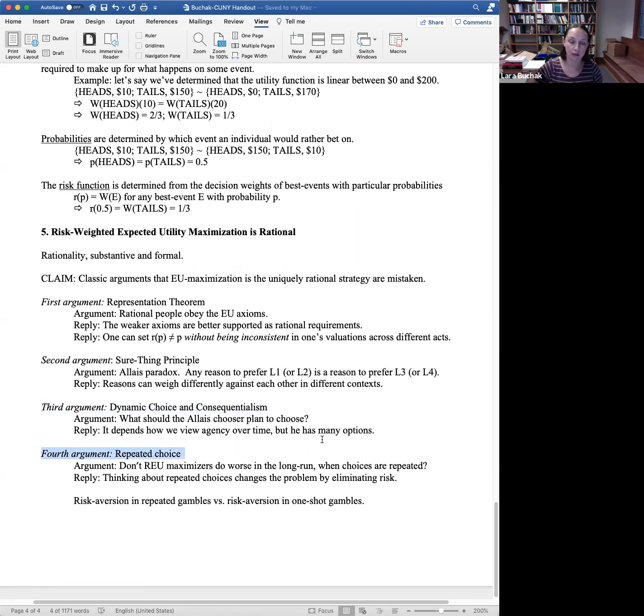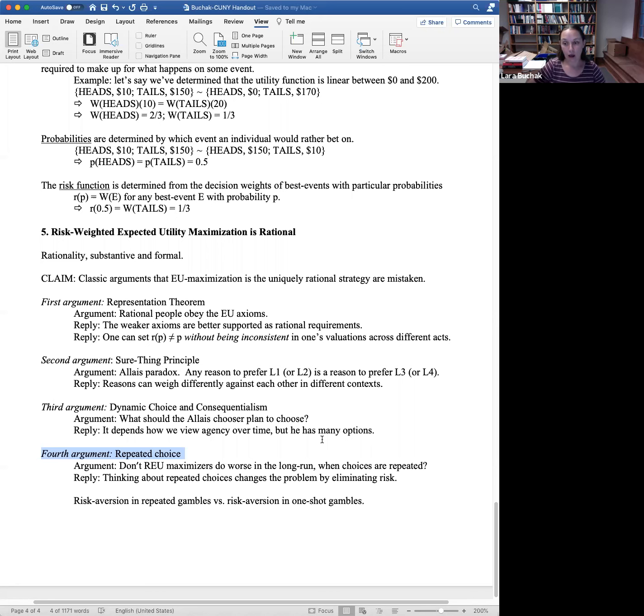And finally, the fourth argument has to do with repeated choice, and this is not a popular argument for expected utility maximization now, but it actually was when it was first invented in the 1700s. The idea that you will do better over the long run if you maximize the expectation of the thing you care about, rather than the risk-weighted expectation.